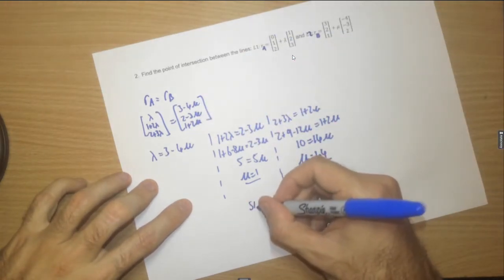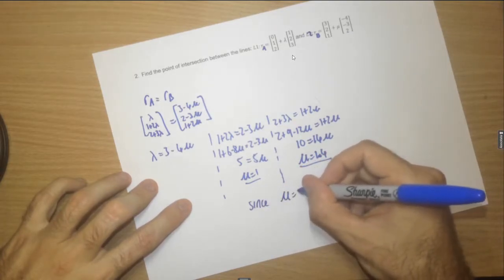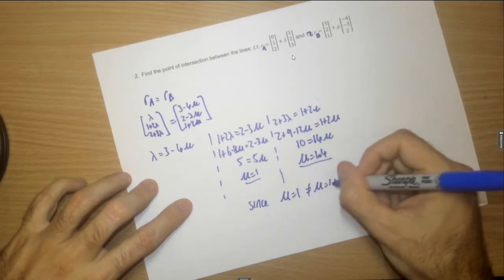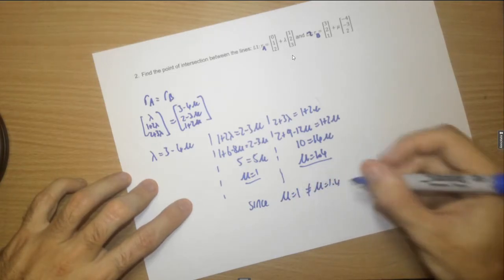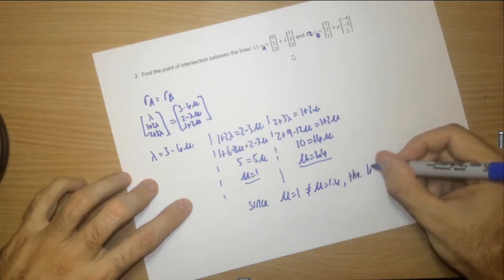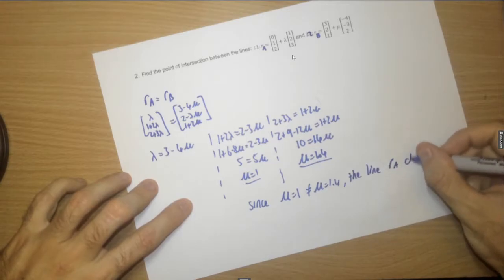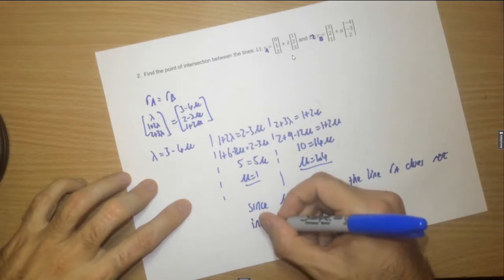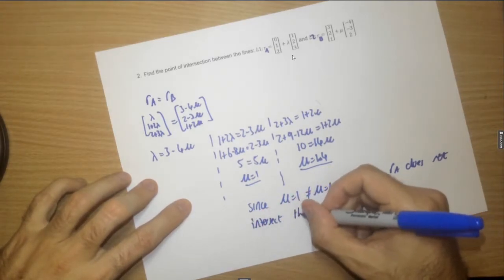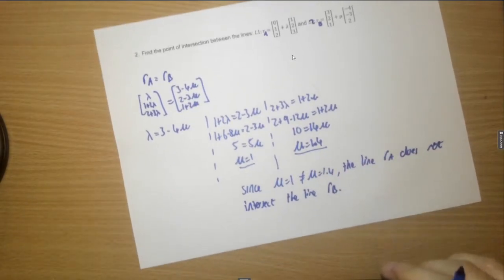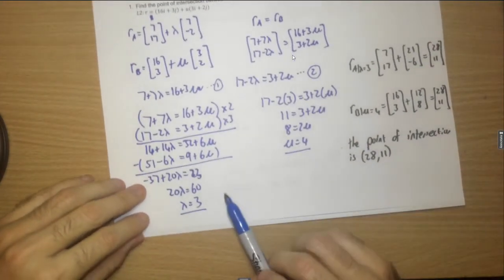So since the mu equals 1 up there doesn't equal that mu equals 1.4, because they're different, what we have is that the line RA does not intersect the line RB.